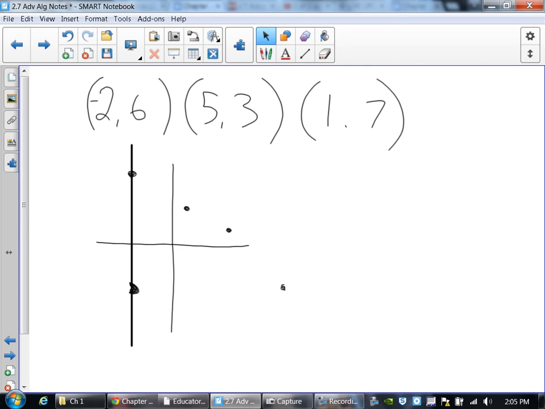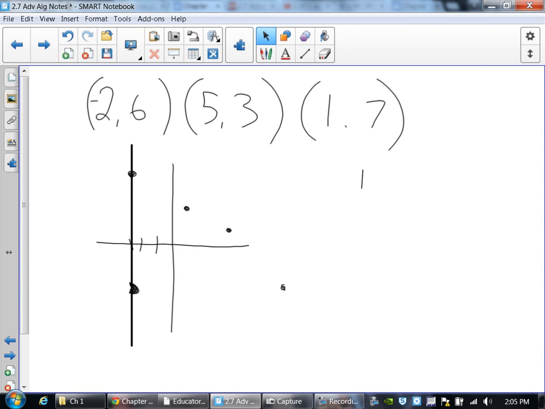Therefore, this x coordinate, let's say it's -3, is in two places at once. Can that happen in a function? No. So this means that this is not a function, whereas something like this is a function.